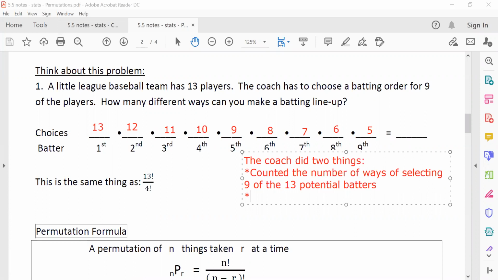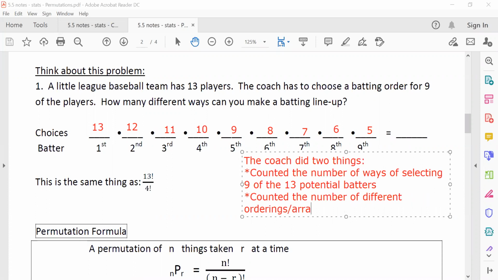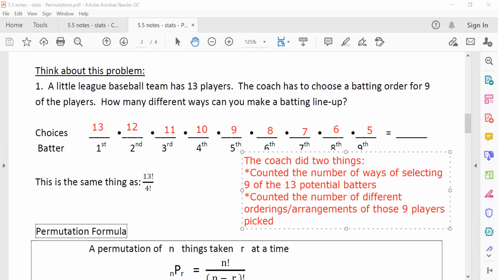But the coach also counted the number of different orderings, arrangements, of those 9 players picked. In general, we're going to see that that is exactly what a permutation does. That is exactly what a permutation does.